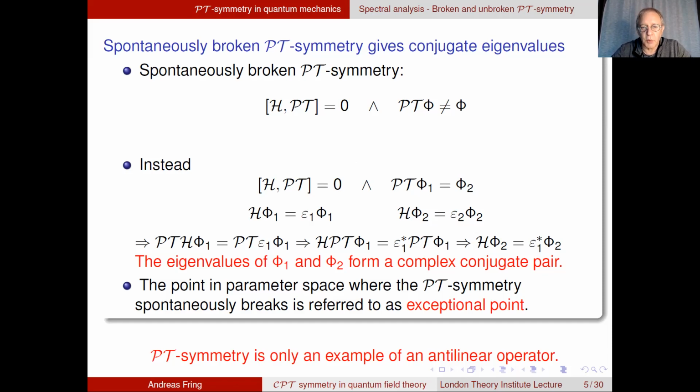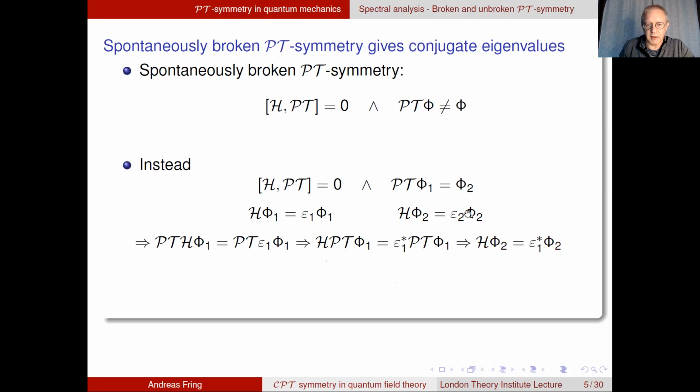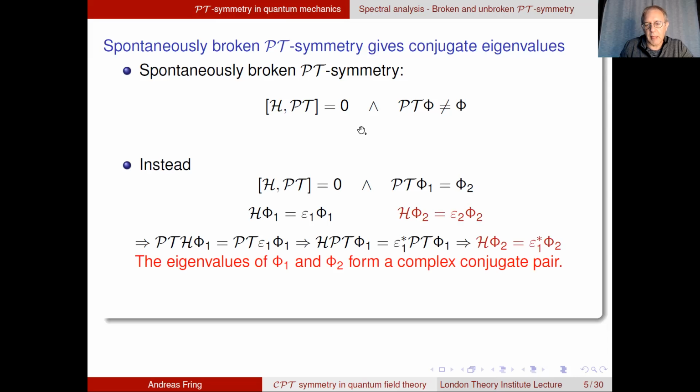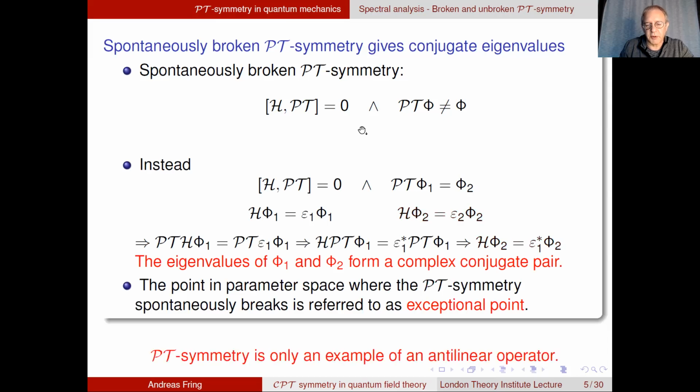It can be more complicated. And in fact, in higher dimensions, this was an example I gave here in one dimension. If you go to higher dimensions, you don't actually have to reverse all the space coordinates. So sometimes it's called partial parity, if you like. But if you think of antilinear operators, that's rather natural.